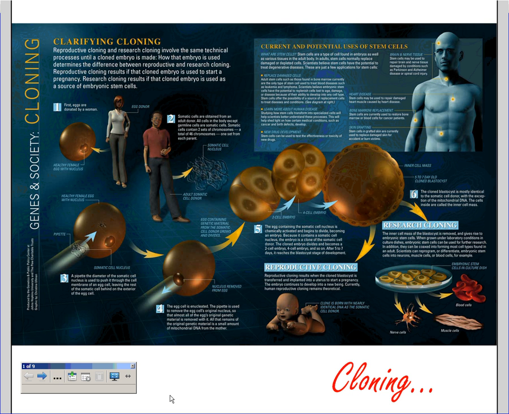Okay, so why would we talk about cloning when we're talking about mitosis? Yeah, because the cells are caused to undergo mitosis in order to form an organism or to develop tissue or whatever the case they're using the type of cloning for.